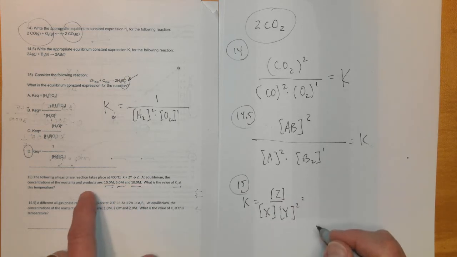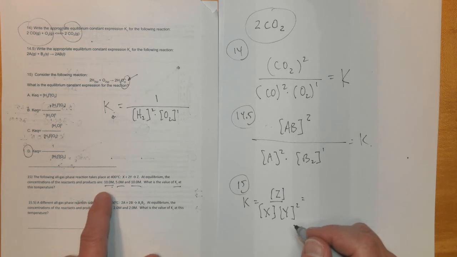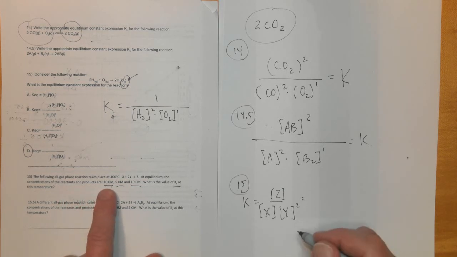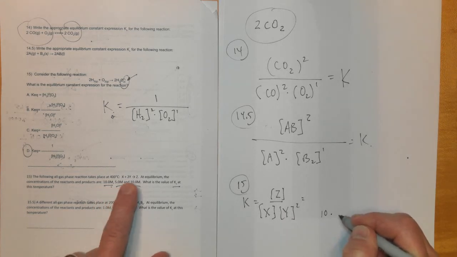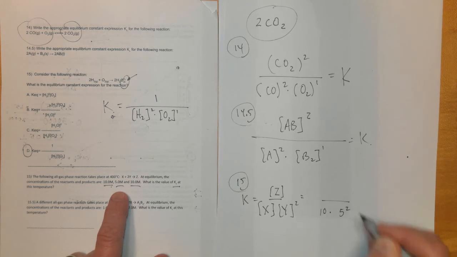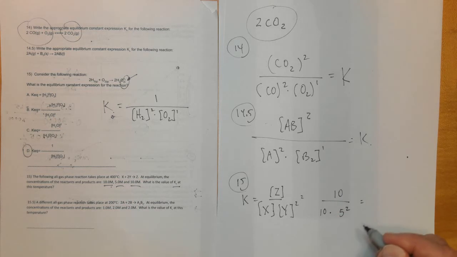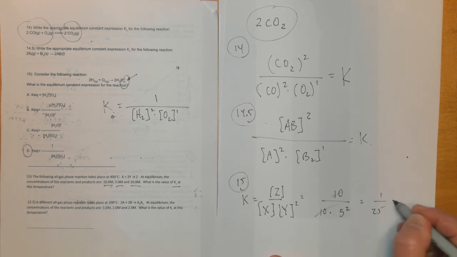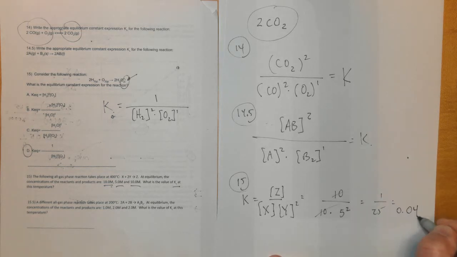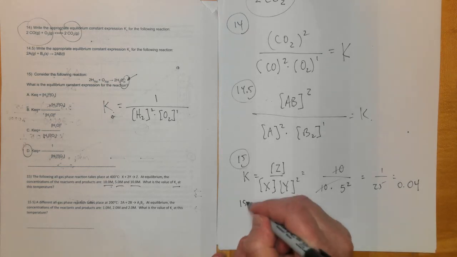So 10 is X, 5 must be the Y, so don't forget to square that one, and then 10 must be the Z right up here. So we end up with the 10s canceling, and we have 1 over 25, which ends up being 0.04 for the K value in 15.